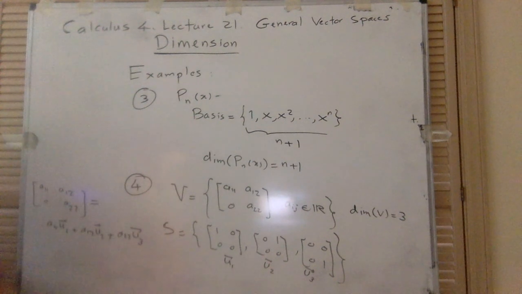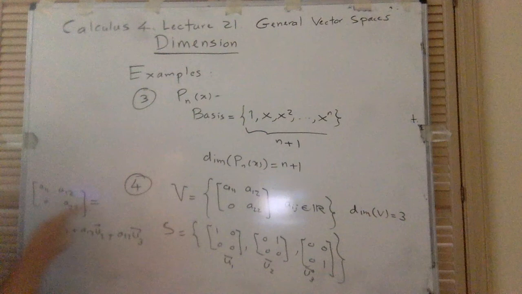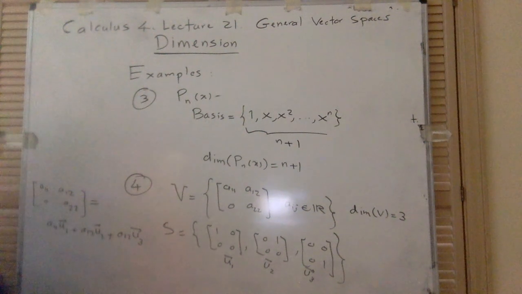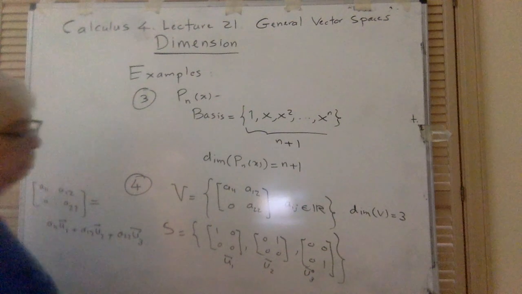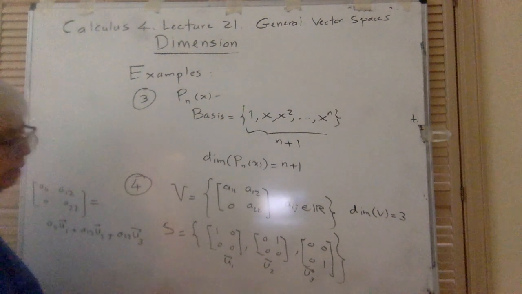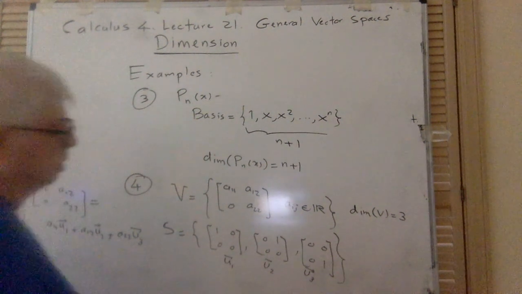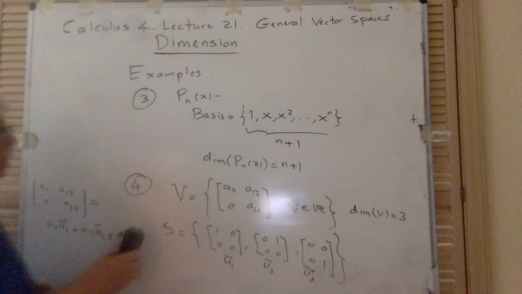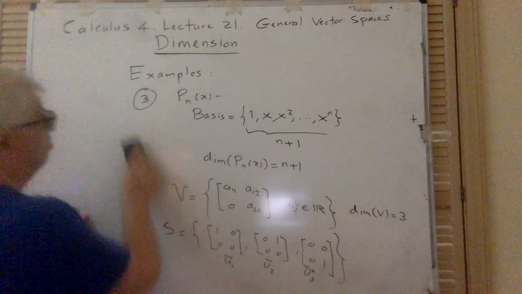Okay? So this is in fact a linear combination of those 3 matrices, and they are linearly independent. Just write this equal to 0, you will get 0 everywhere. So that's how you assign dimension: by finding a basis, and the number of elements in that basis will be the dimension of that space.